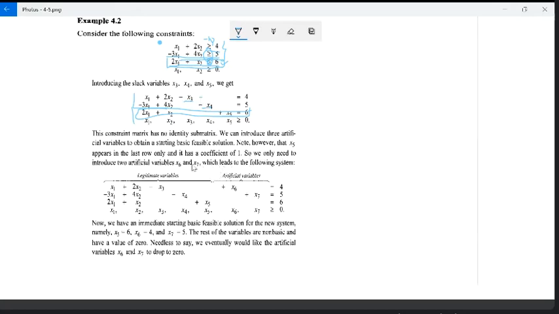So we only need to introduce two artificial variables, x6 and x7, in these two constraints.